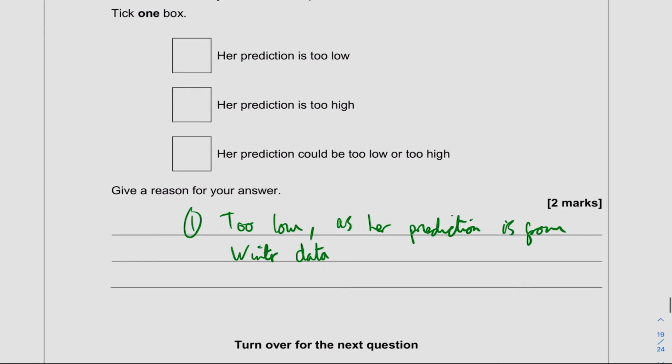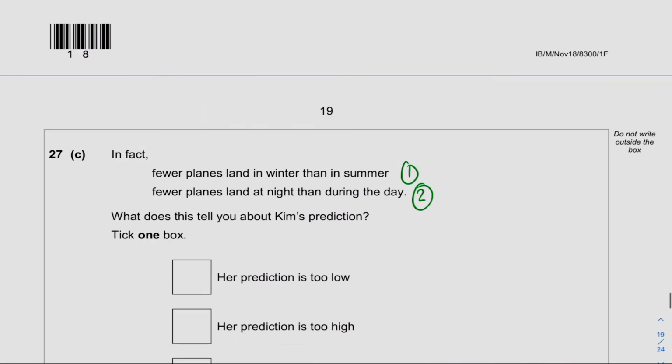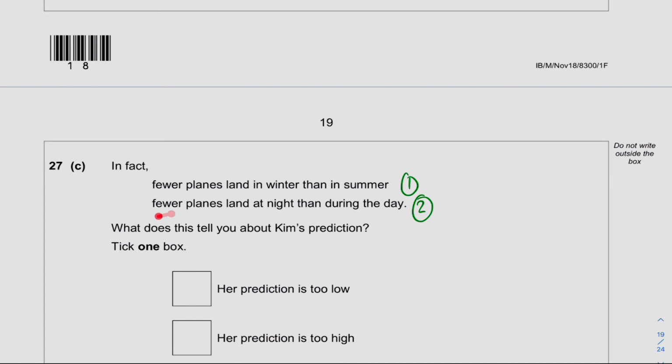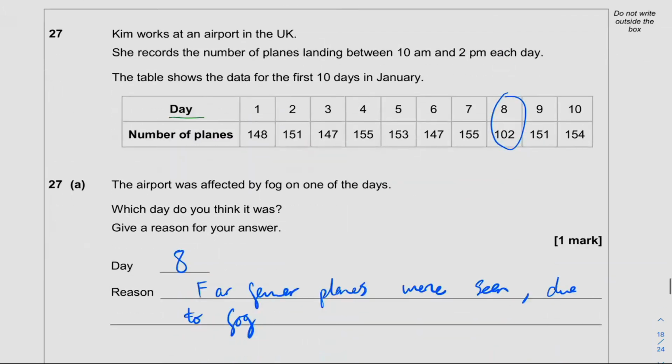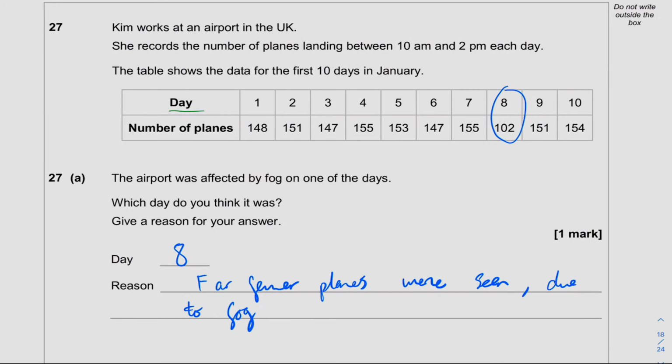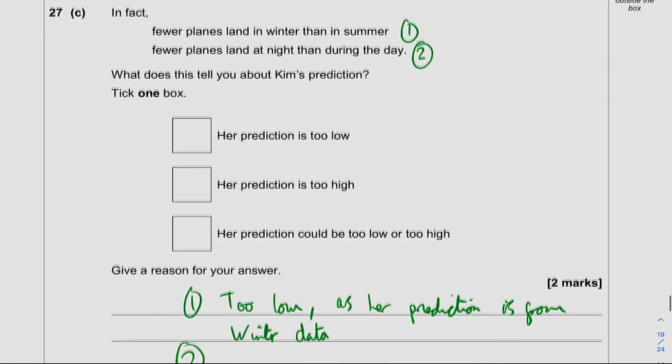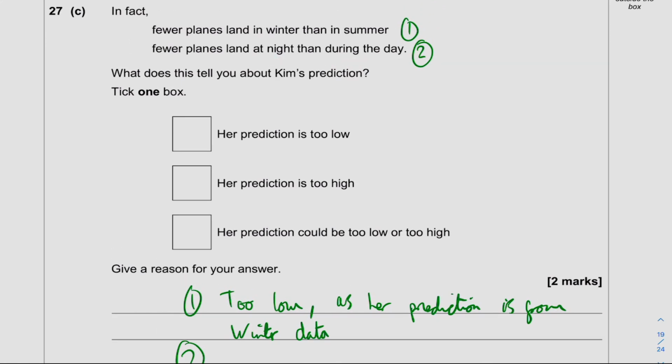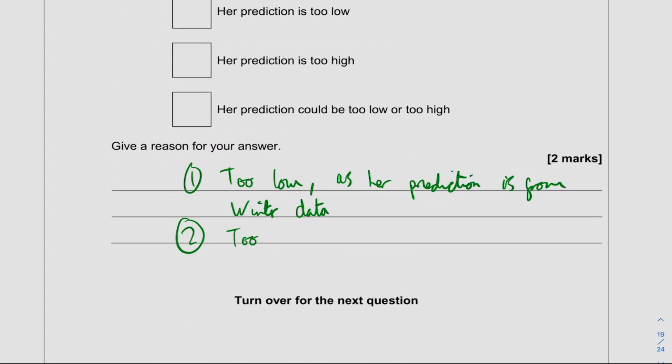Okay. Then for part 2, we consider fewer planes land at night than during the day, and from her data we've got the number of planes landing between 10 AM and 2 PM, so this is directly in the middle of the day. So if fewer planes land at night than during the day, and her data was taken from the middle of the day, we can say that her data will be too high, as data taken during the day.